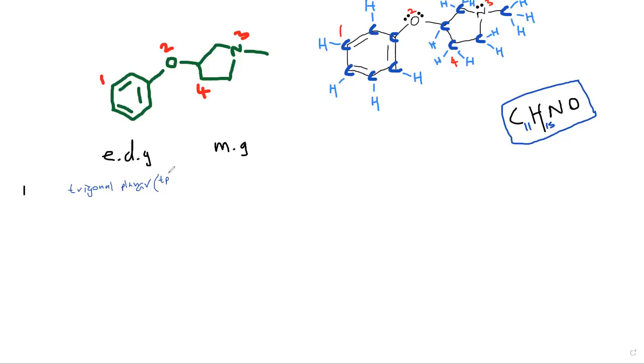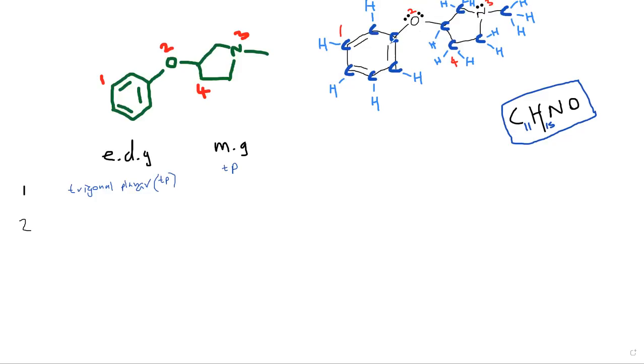I can just write TP rather than the entire thing. Anyway, the electron domain geometry is trigonal planar, and all of these electron domains are bonding electron domains. Therefore the molecular geometry is also trigonal planar, TP. Okay, going to atom 2.